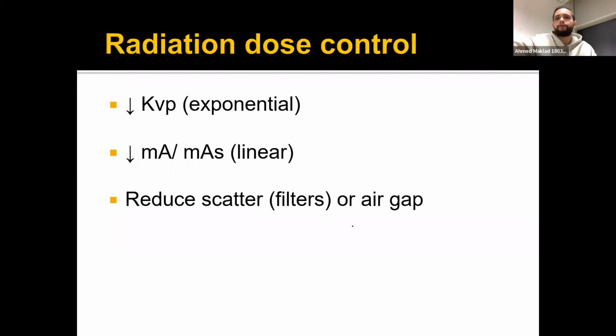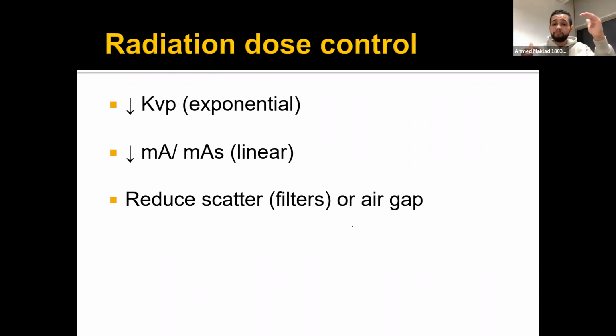Radiation dose control. Okay. Remember, guys, what I told you? KVP is exponential in nature and milliamperes are linear in relationship. So when you double KVP, you quadruple the energy of the electrons, right? You remember that. It's the same concept.